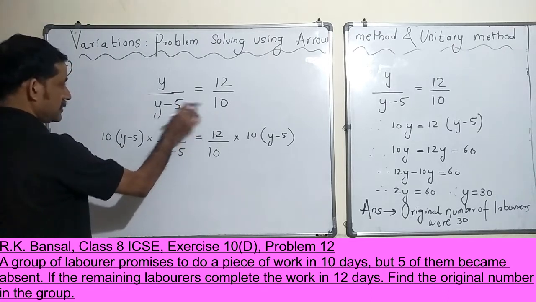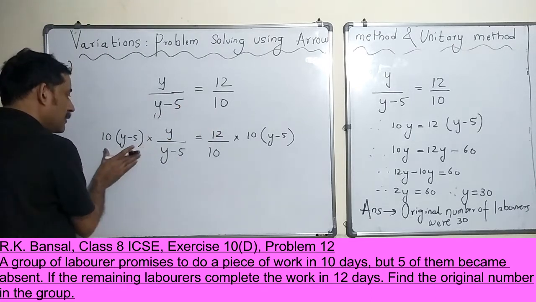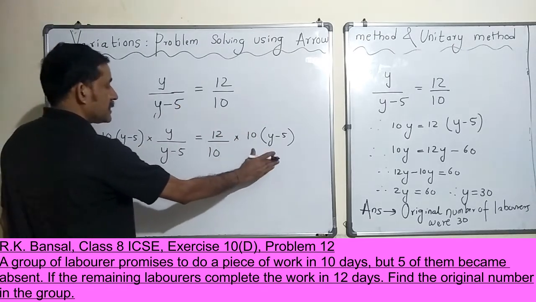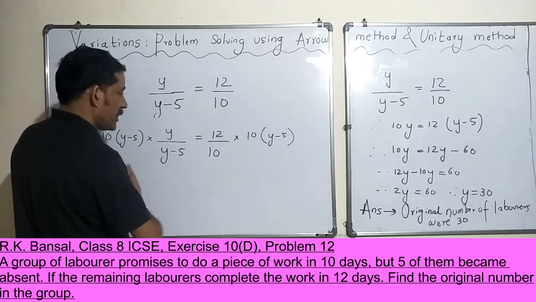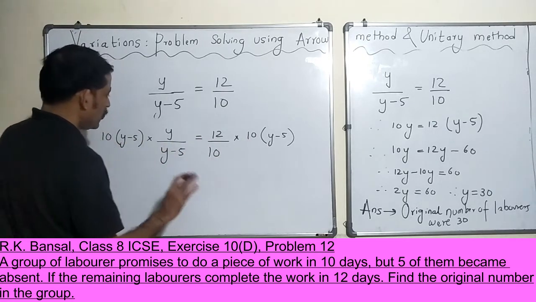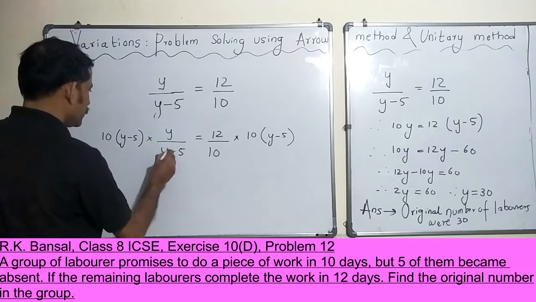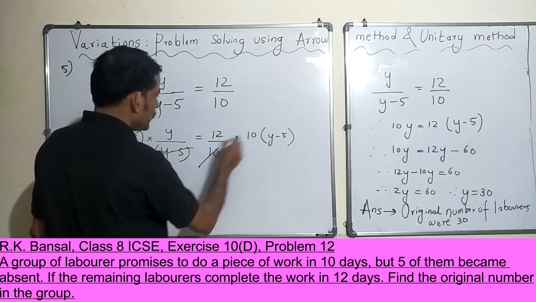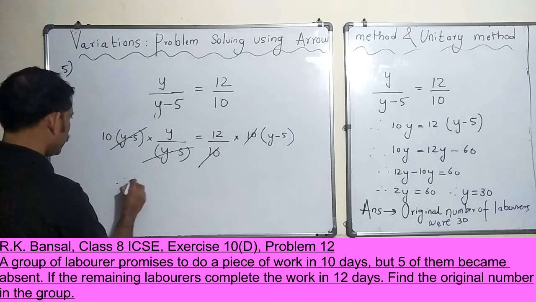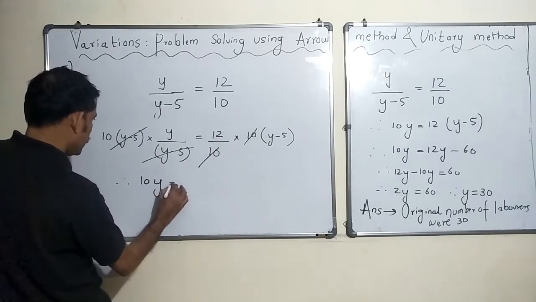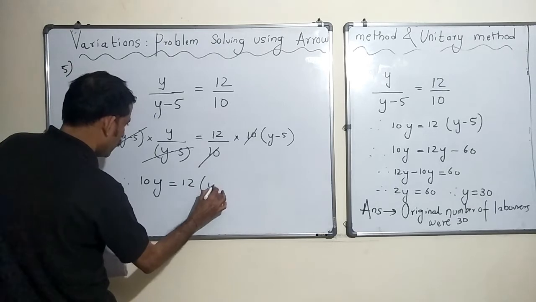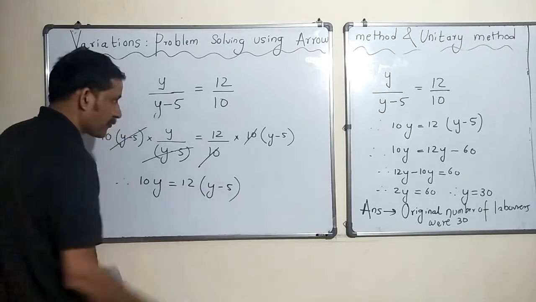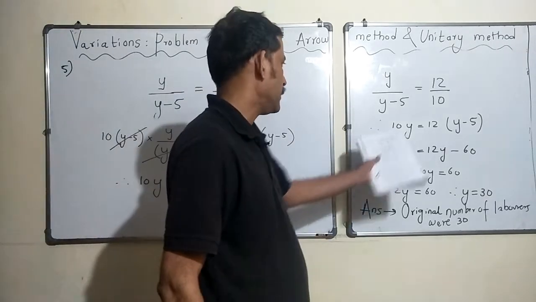If this is equal to this, I multiply both left hand side and right hand side with the same term, there should be no problem, the value should remain the same. So this y minus 5 and this y minus 5 are gone, this 10 and this 10 are gone, therefore what we are left with is 10y is equal to 12 into y minus 5, which is nothing but this.